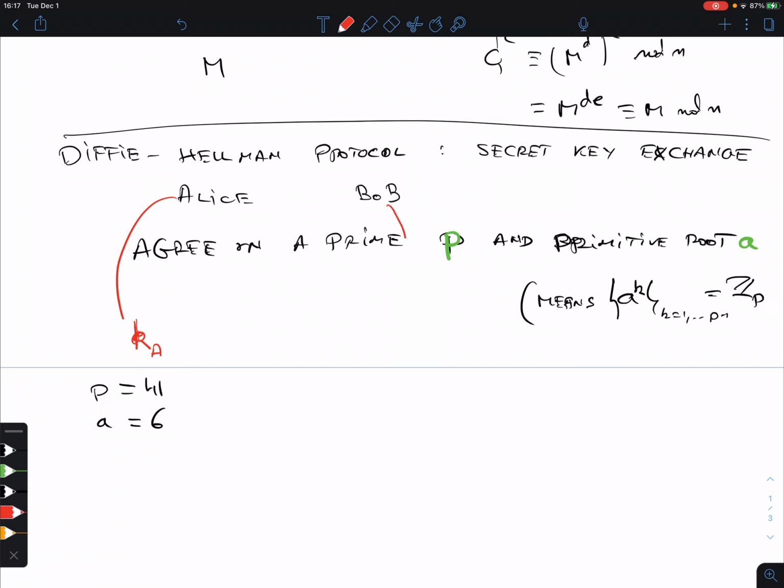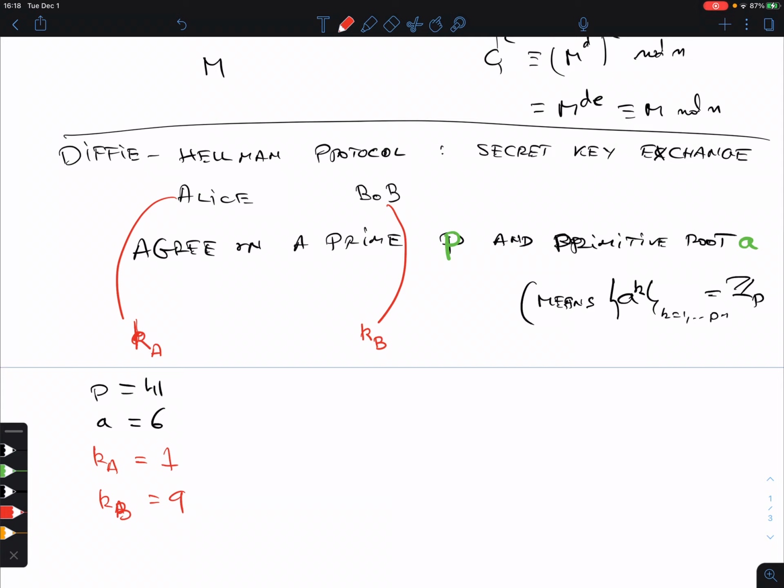And Bob also chooses something, and I'll call it Key Bob, KB. So these are two numbers they choose without telling each other what their numbers are, and nobody else knows them. They just do it on their own. So in my case, Alice chooses 7, and Bob chooses 9. Let's not discuss the nitty-gritty part of this.